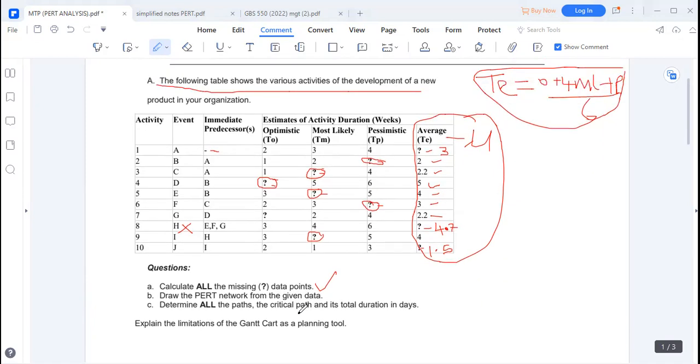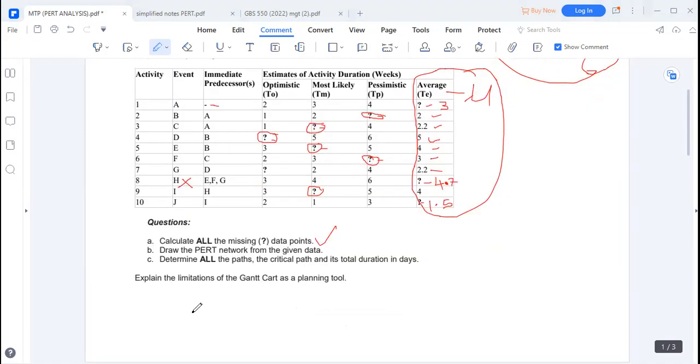And then after A, there was B. So activity A was a starting activity. So A started. After this activity A, that's when activity B came in.